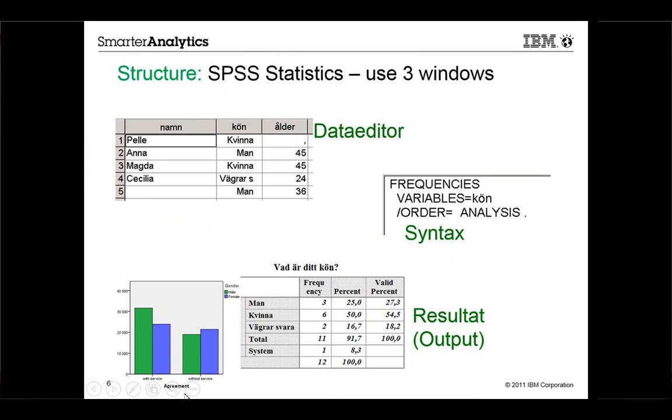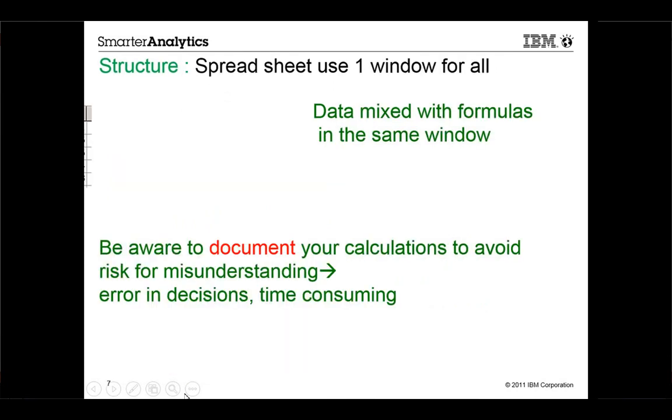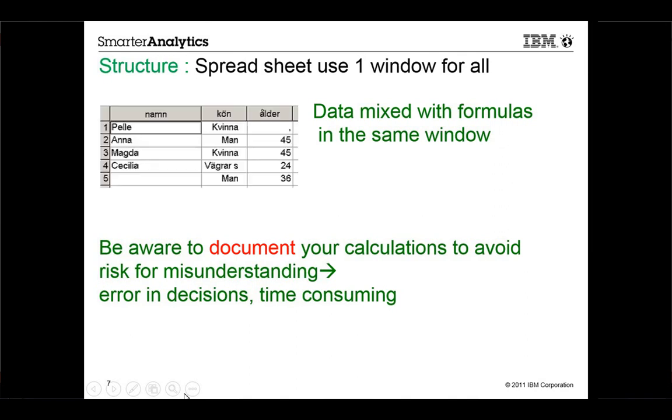In a spreadsheet program, you work with one window and have everything mixed there. The data, the formulas, and the tables and graphs are in the same window. Or you can open more windows, but it's still the same. So if you're working with a spreadsheet program, you have to be aware to document everything you're doing so you don't get any misunderstanding in the future. Because otherwise you can have errors in decisions, and that will also be very time consuming.